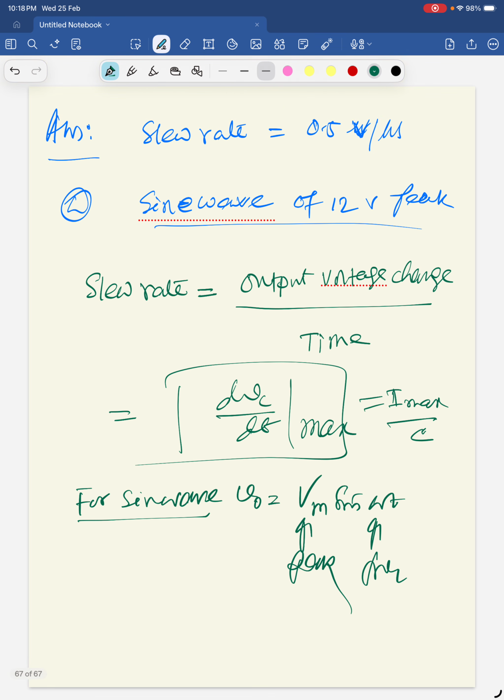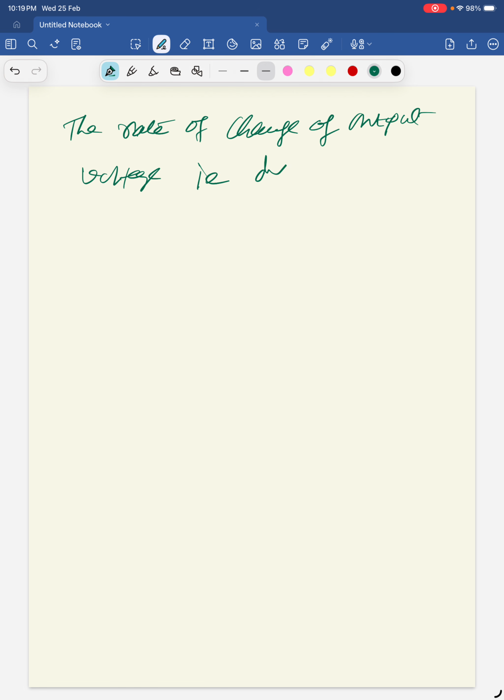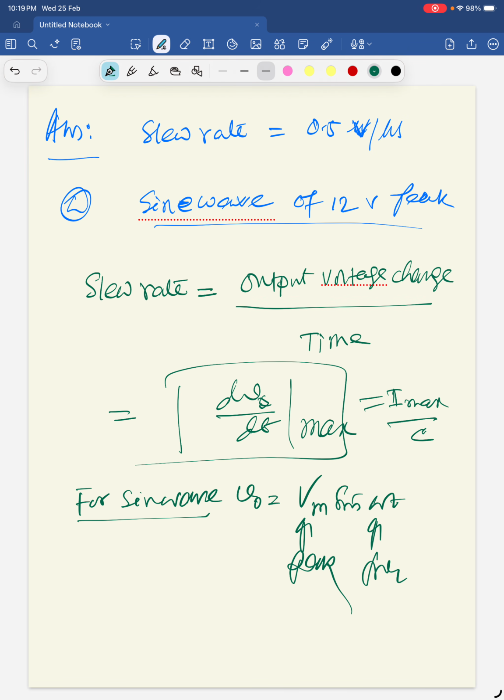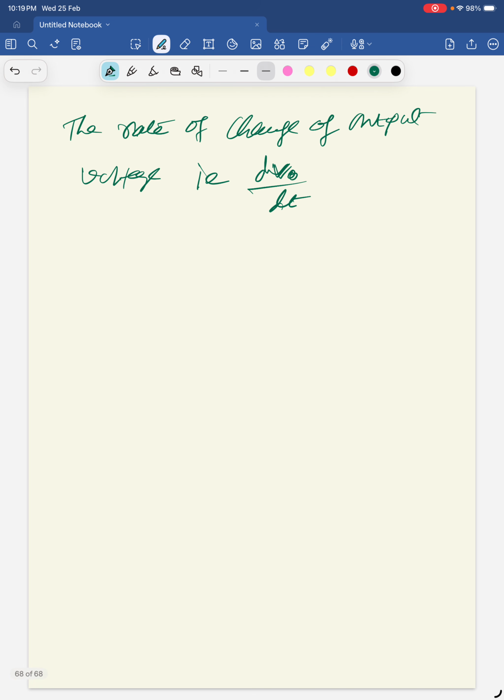So now the rate of change of output voltage is equal to dV0/dt.